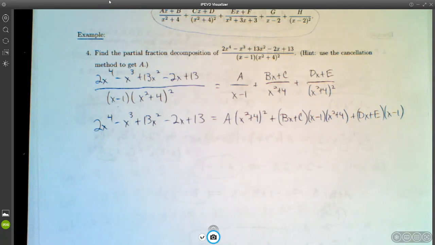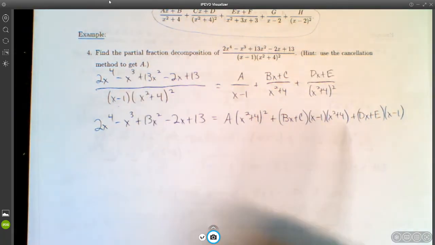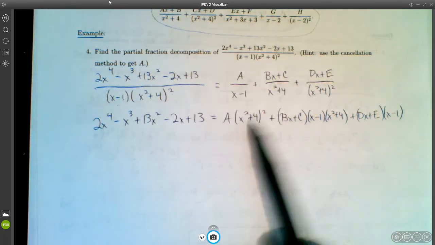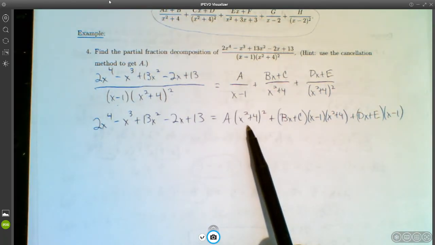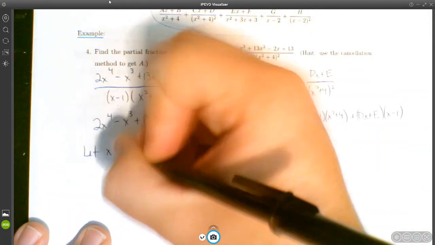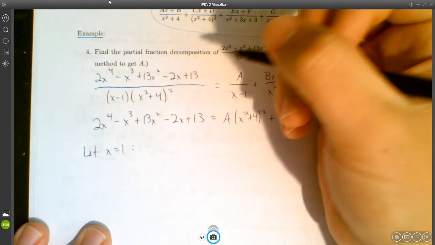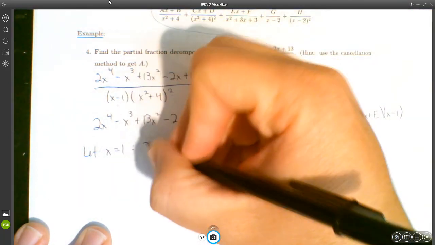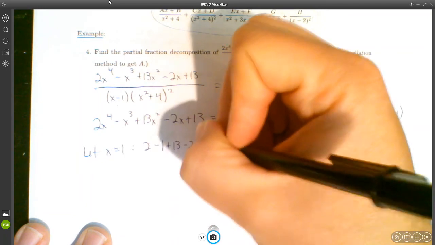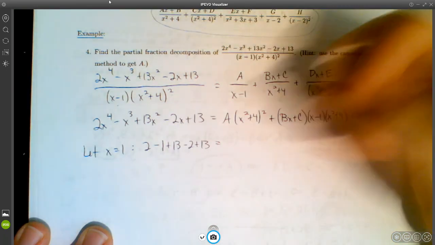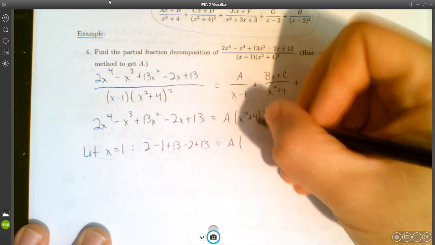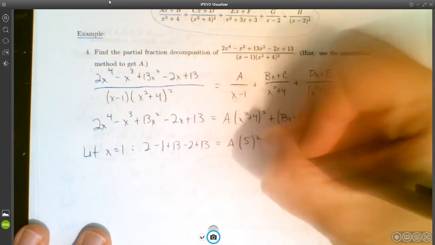Okay, so I'm saying hint, use the cancellation method to get a. Yeah, because if we plug in 1 for x, then these last two terms will just be gone, and I should be able to get a pretty easily. So if I let x equal 1, then we have 2 minus 1 plus 13 minus 2 plus 13 equals a times 1 plus 4 is 5 squared.